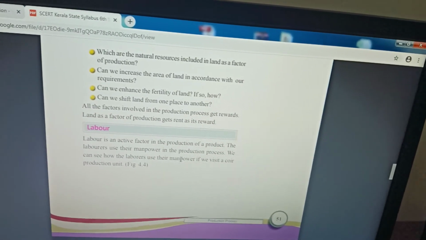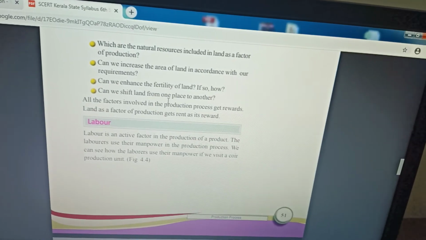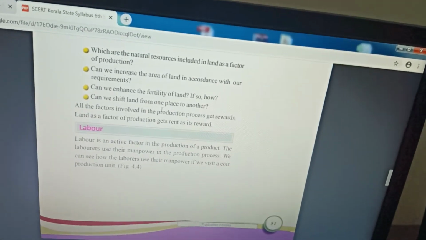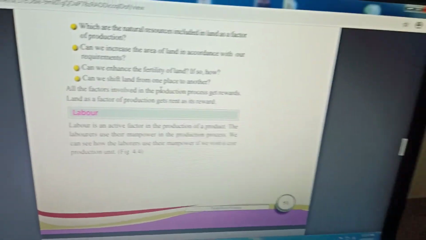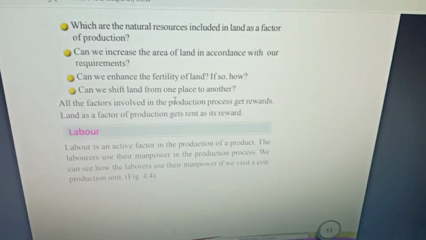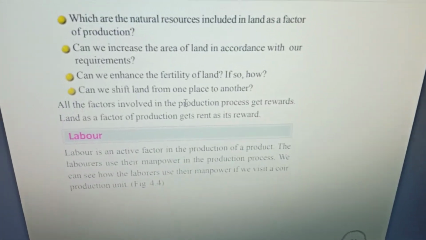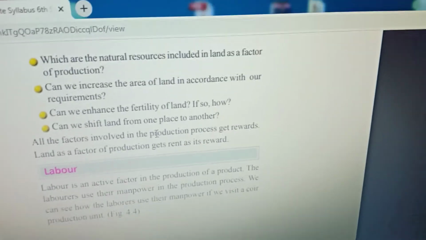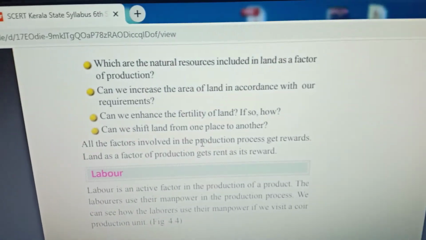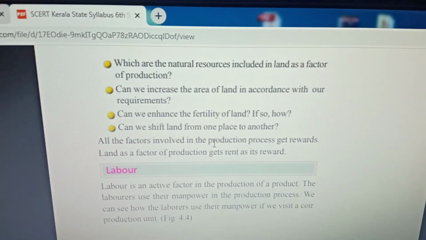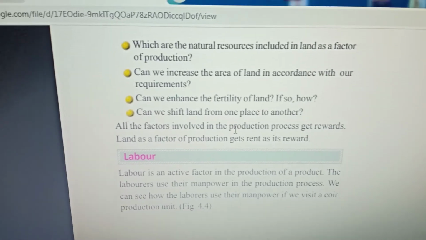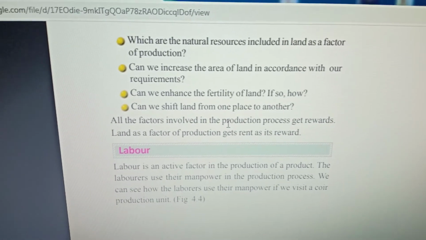Then the third question. Can we enhance the fertility of land? If so, how? Can we enhance or can we increase? Yes, we can increase the fertility of land. How? With the help of irrigation and fertilization.